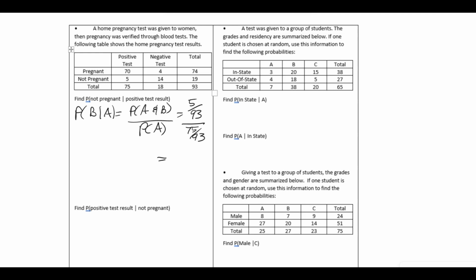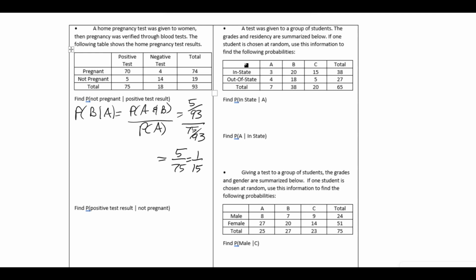This reduces, we could invert and multiply, to 5 over 75, which reduces further as 1/15, which we can go to percents or not, depending on if they request. So there's 1 out of 15 chance that you're not pregnant given you got a positive test result. In other words, 15 people that get a positive test result results in 1 person actually not being pregnant. The other 14 would be.